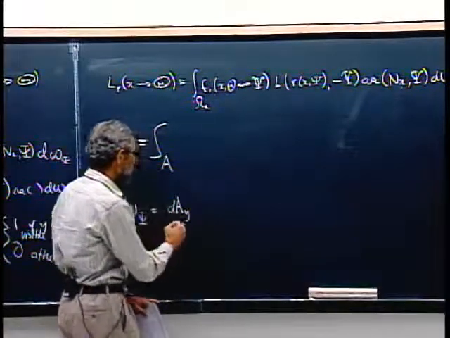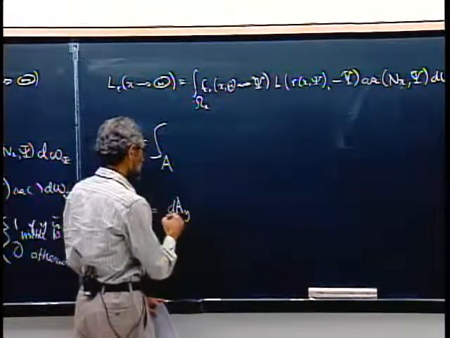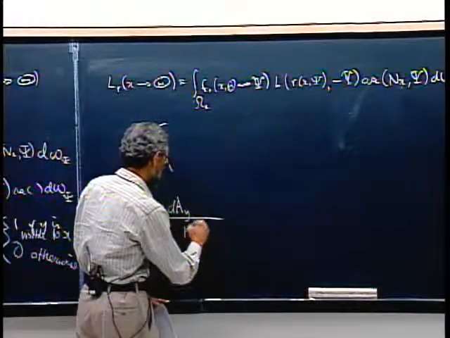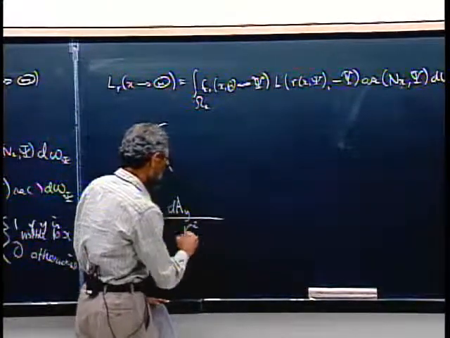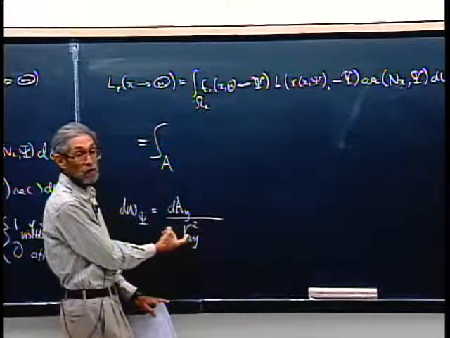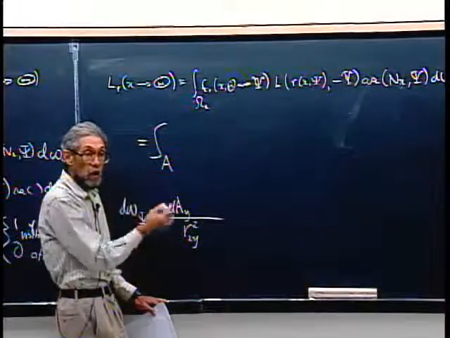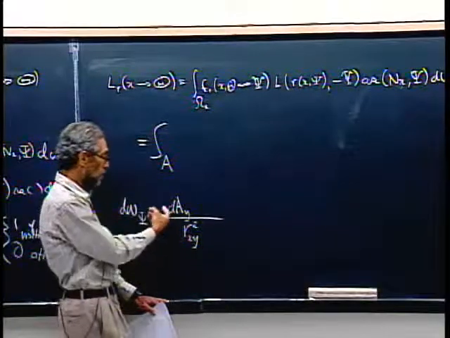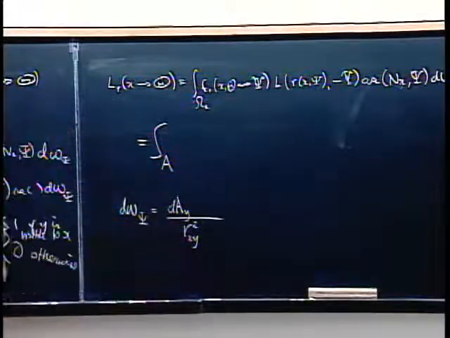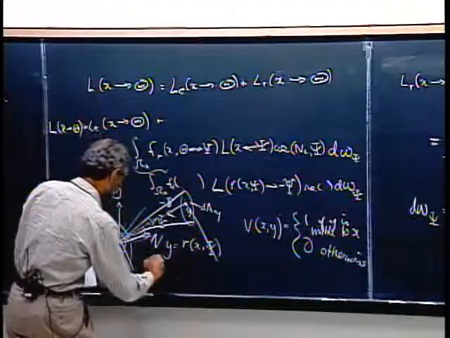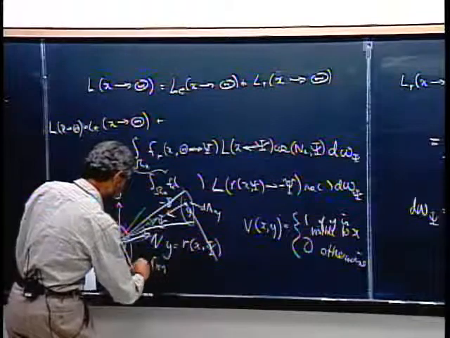We want the area on a unit sphere, so we have to divide it by the square of the distance between x and y, which I'm denoting by rxy, because it's supposed to be area on a unit sphere, which is solid angle. And this area, if you think about this distance here, from here to here is rxy.